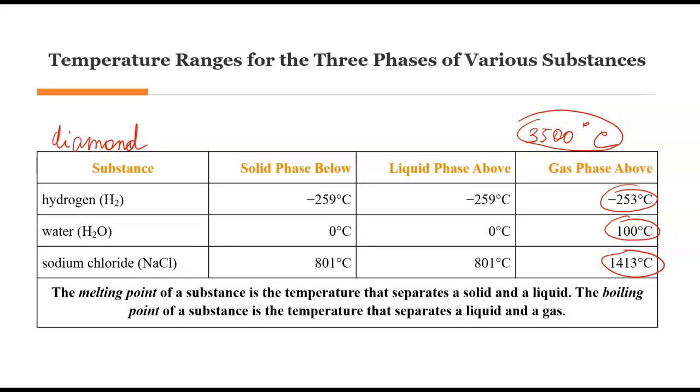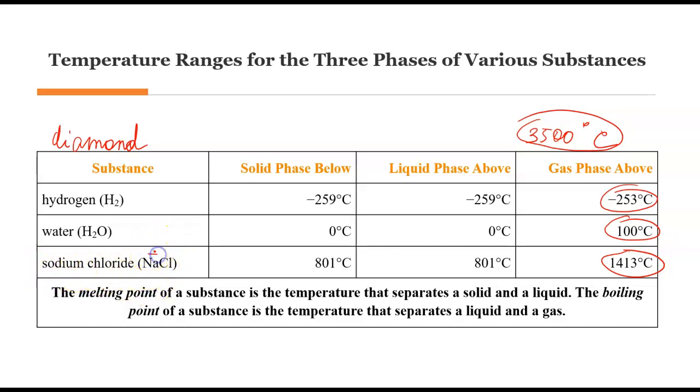So the next strongest force between any two particles is the ionic bond, in which two ions of opposite charge are attracted to each other. And as an example, we have sodium chloride here.